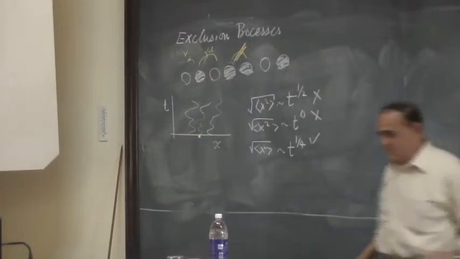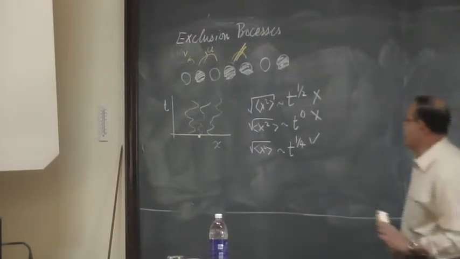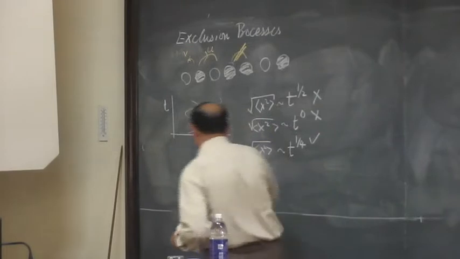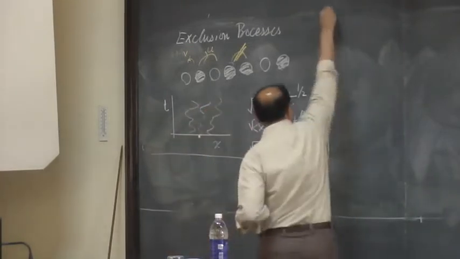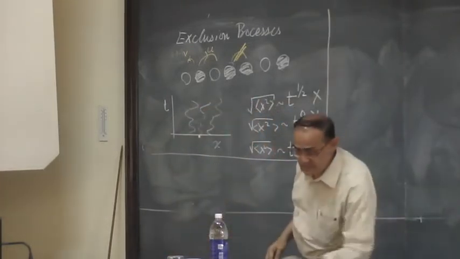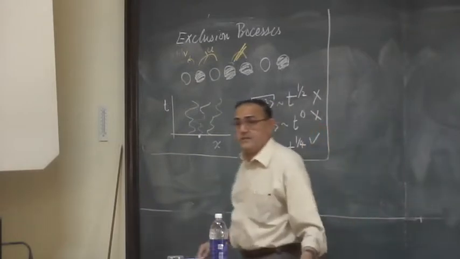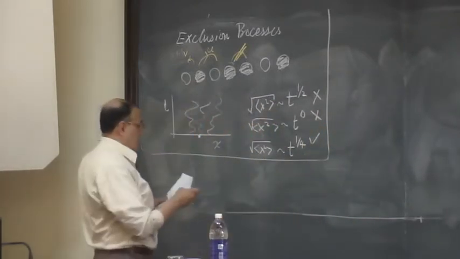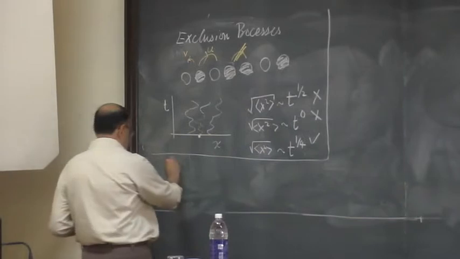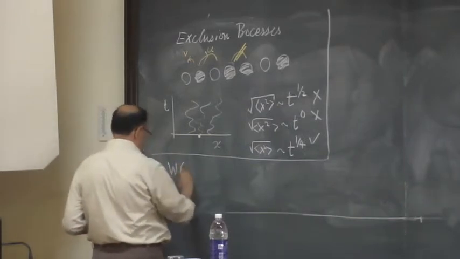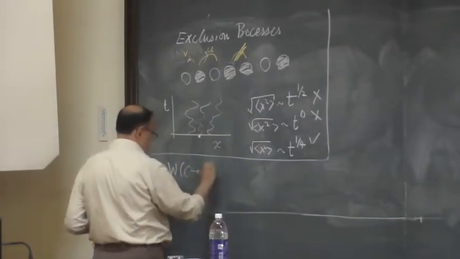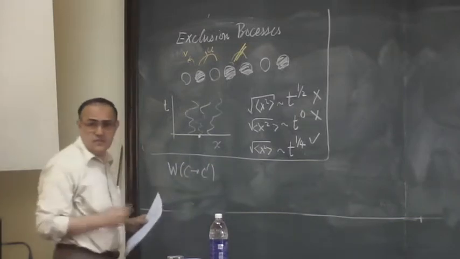This is just a preview, but let's go about things a little systematically using the things we established yesterday. What we can say is that for W(C to C'), we of course have a master equation that describes this.